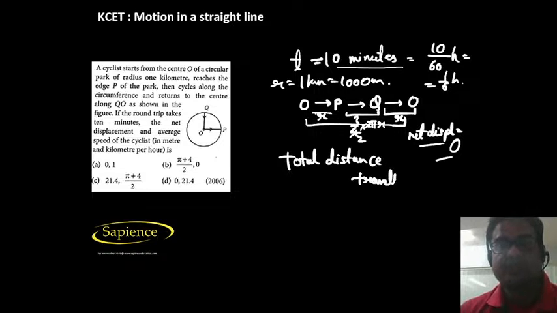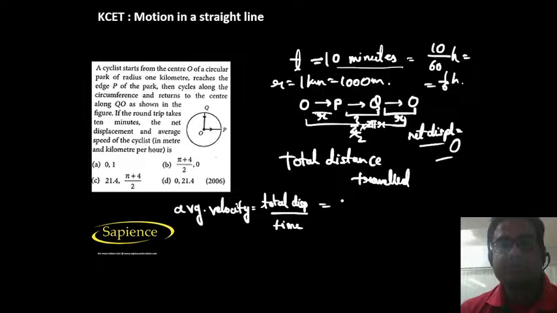distance traveled by the cyclist. Since we have to find the average speed, we don't have to find the average velocity. If the average velocity were asked, it should obviously be 0, since average velocity is the total displacement by the total time interval, and the net displacement is 0, so 0 by 1 by 6 hour will become 0.